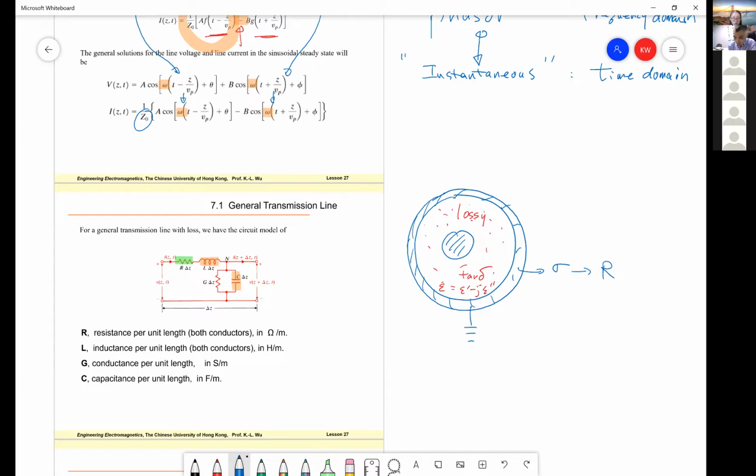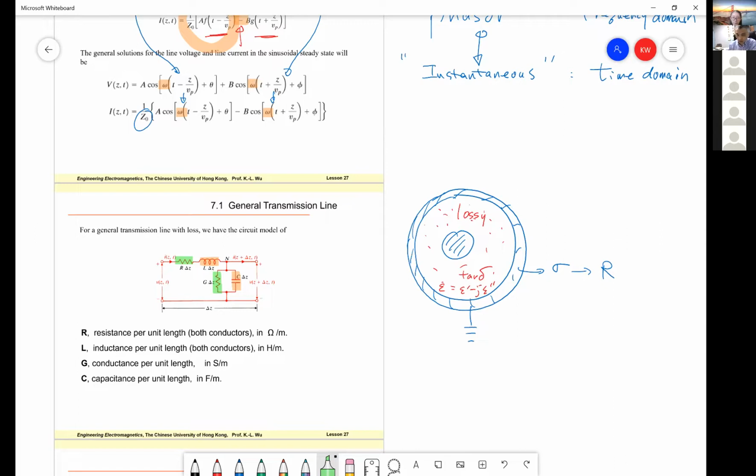So how to reflect this? Reflect by a conductance. So you have basically resistance, right? So this is a resistive component, not a reactive component. Reactive components are lossless, like pure L, pure C is lossless. So right now we can see capacitance is lossy, inductance is lossy, right?